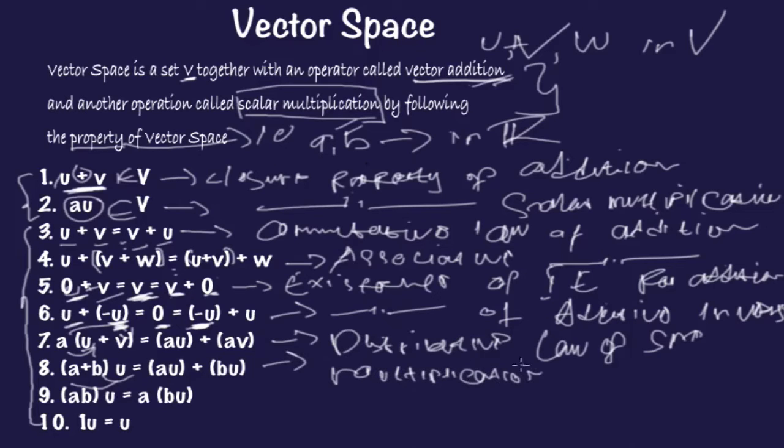Then this operation we call the distributive law over scalar addition, so we have a result equal to au plus bu.